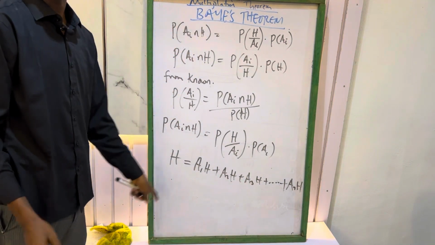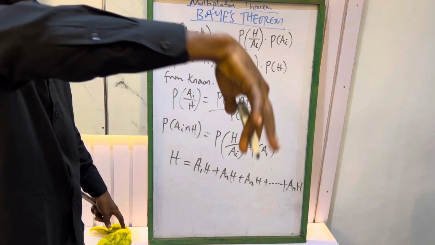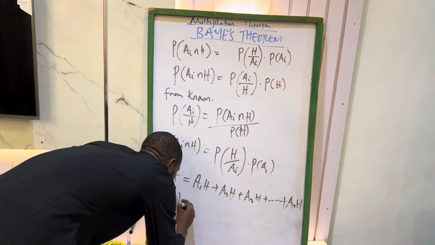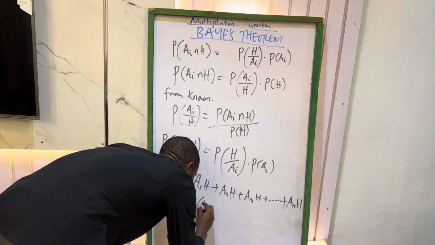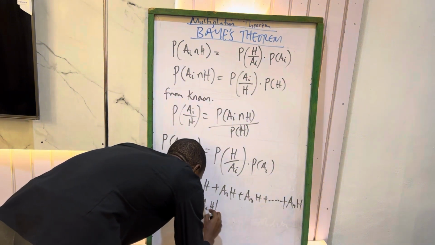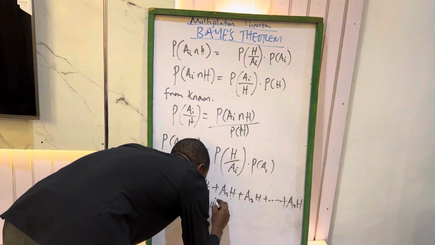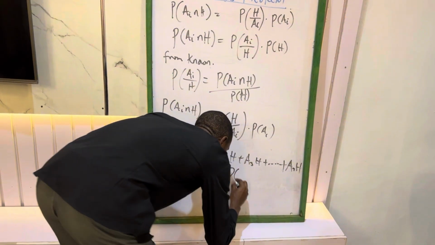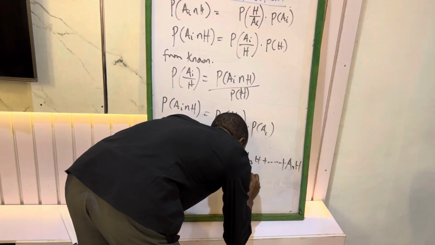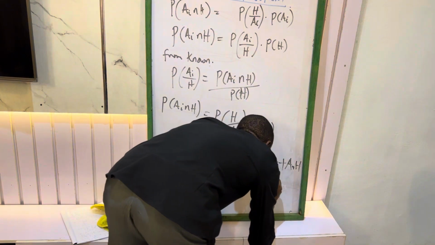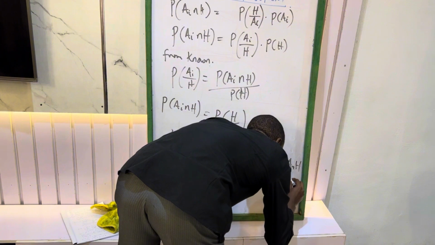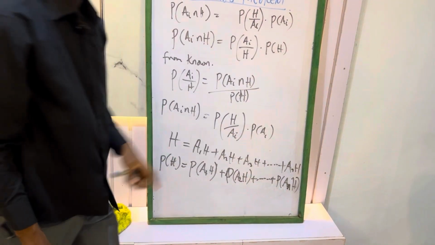So P(H) will be the probability of that sum. So P(H) will be equal to P(A1H) plus P(A2H) plus ... plus P(AnH). Sorry, not Ai, this is A1. Don't confuse it.